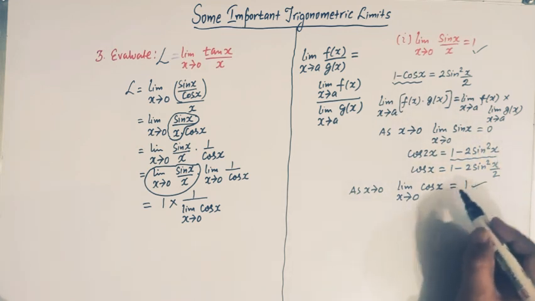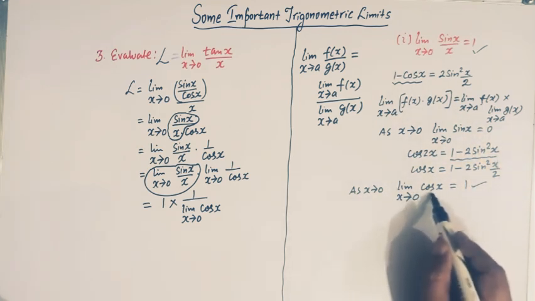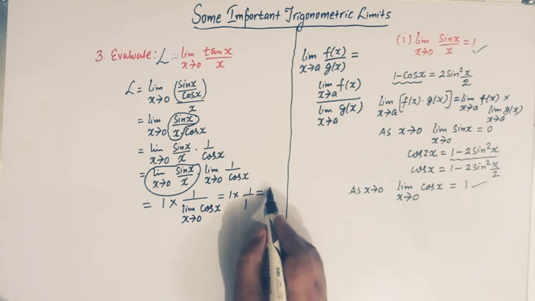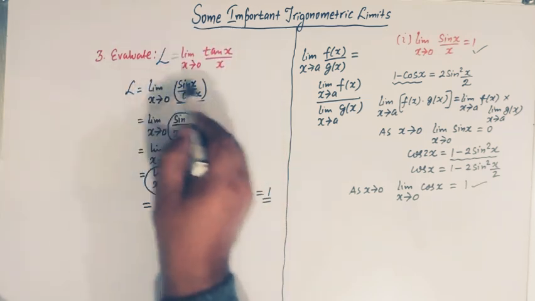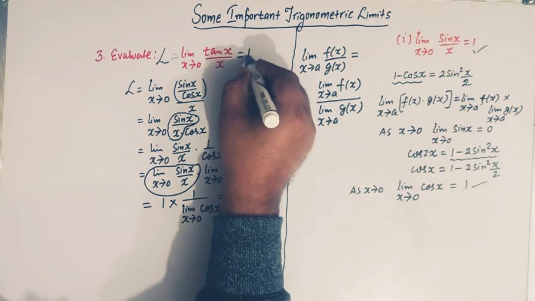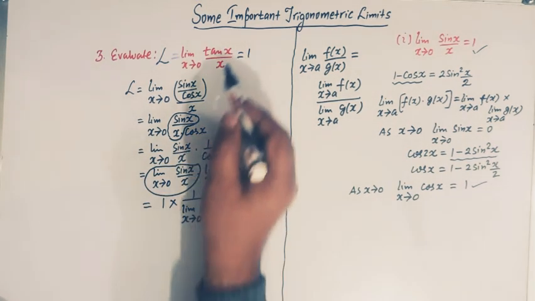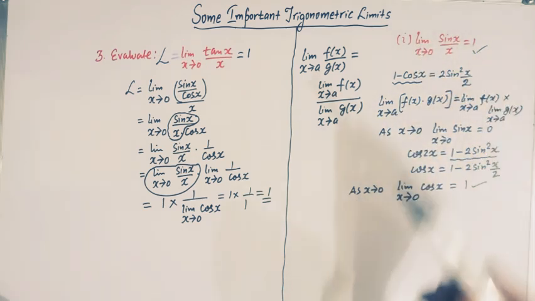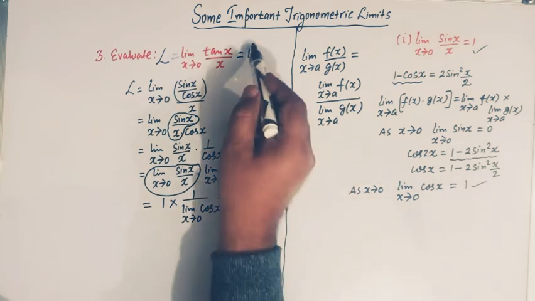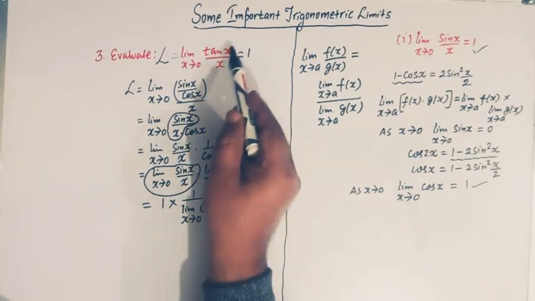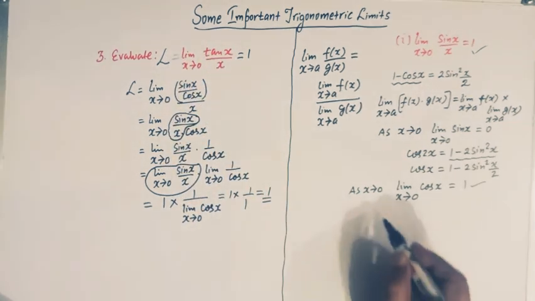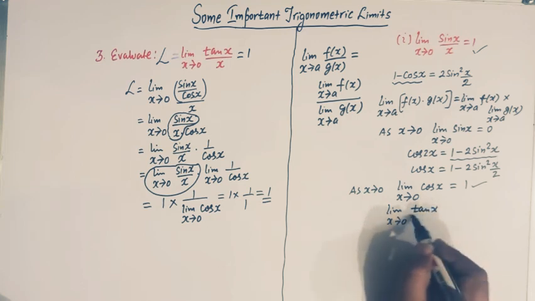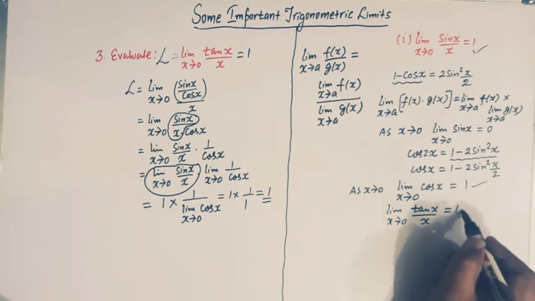So here we'll utilize this result. So we have 1 times 1 over 1, that is equal to 1. So the value of this limit is equal to 1. Now viewers, here we have seen that limit x tends to 0 sin x over x is equal to 1. So we can take this limit as a standard result: limit x tends to 0 tan x over x is always equal to 1.